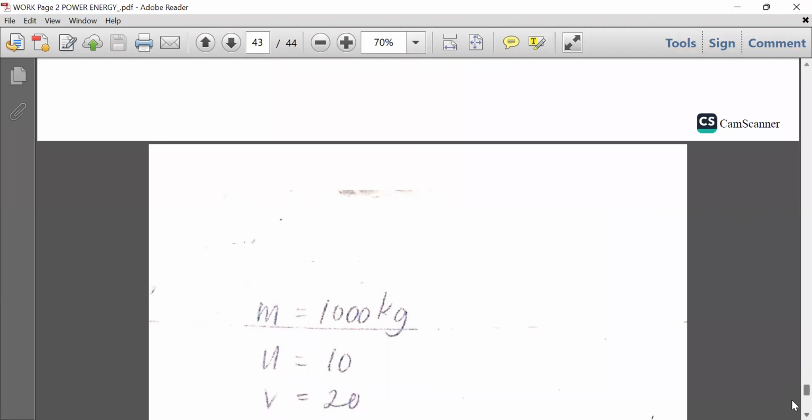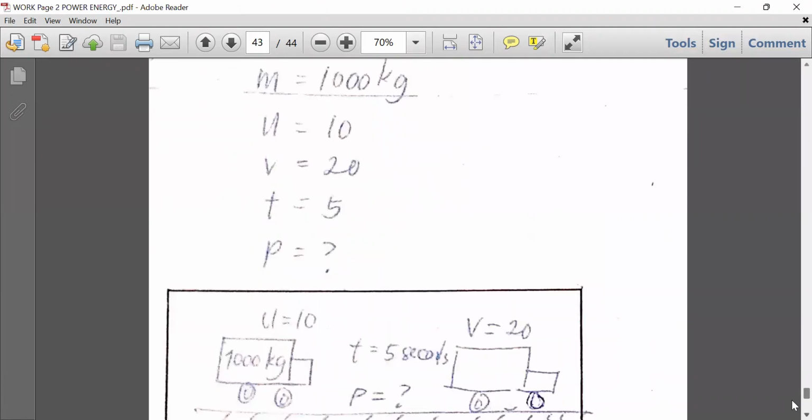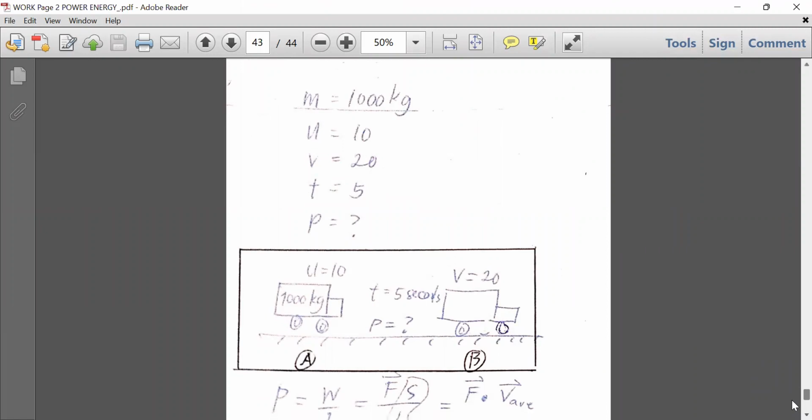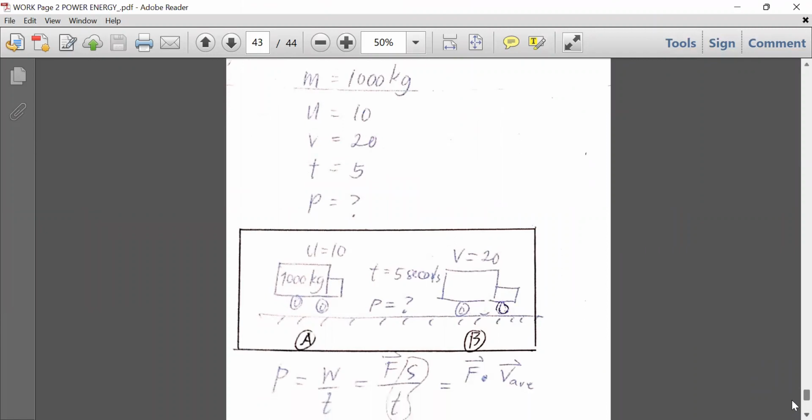Okay, last problem. Let's say you're given this situation: there's a truck moving to the right. Its mass is 1,000 kilograms. Its initial velocity is 10 meters per second. Its final velocity is 20 meters per second.